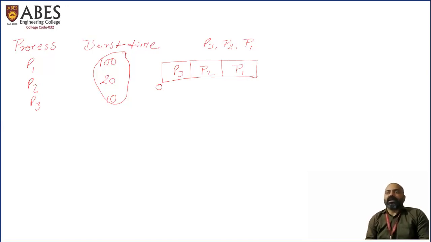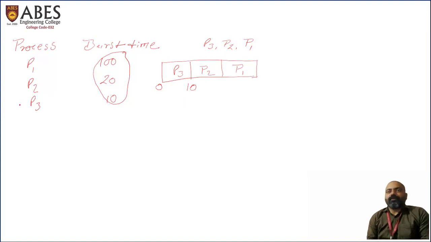Arrival time is not given, so we assume all the processes are available at the beginning, when the CPU is going to start execution of processes. So from 0, P3 will take total time 10, because this is non-preemptive.